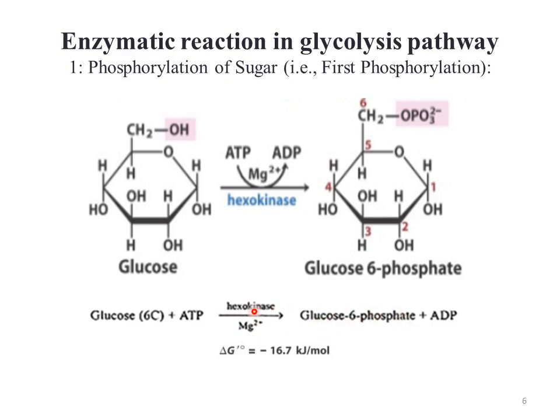As ATP is utilized for this phosphorylation, ATP gets converted into ADP, adenosine diphosphate, and in this process 16.7 kilojoules of energy is utilized. It is an enzymatic reaction, and the main enzyme here is hexokinase.